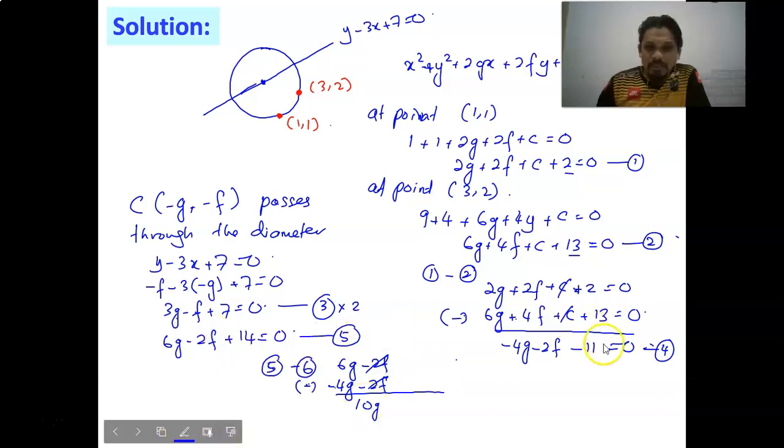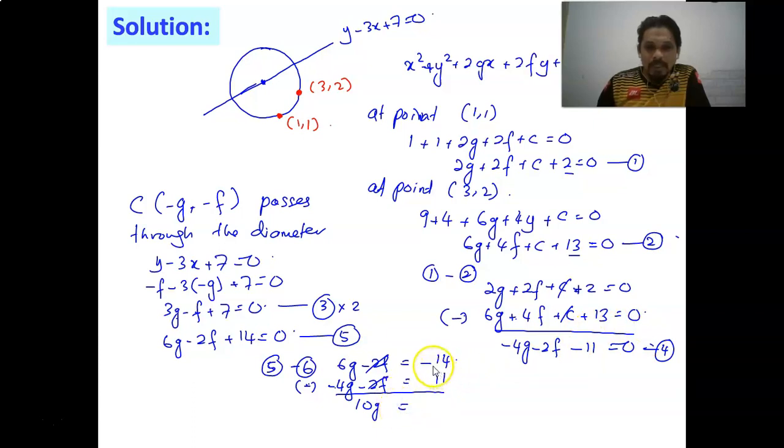I change the position of this. Okay, this one here, 6g minus 2f equal to 14, bring here become negative 14. And then negative 4g minus 2f, negative 11, bring here become positive, so plus 11.